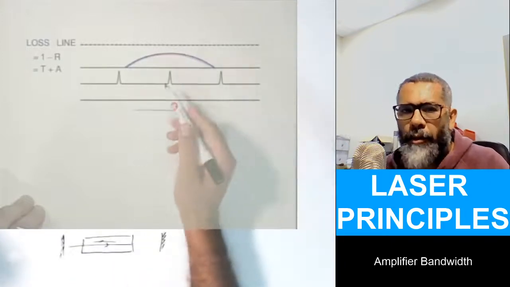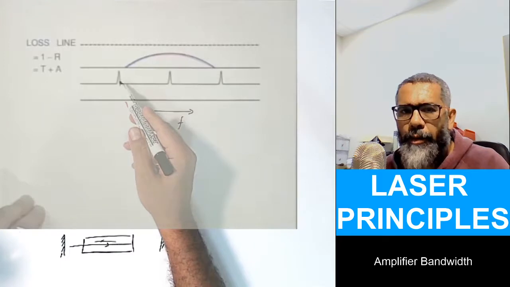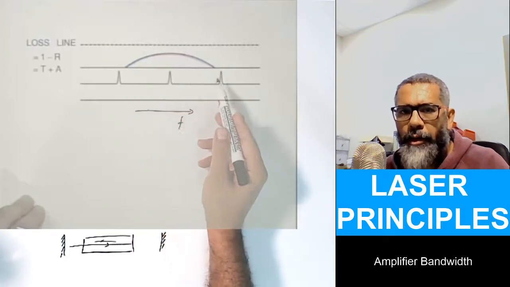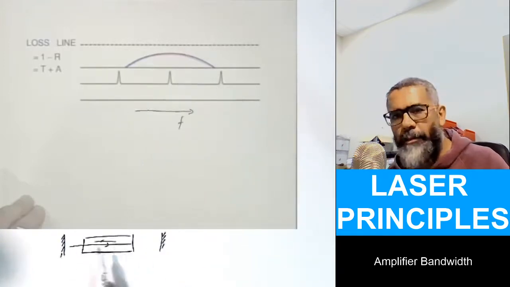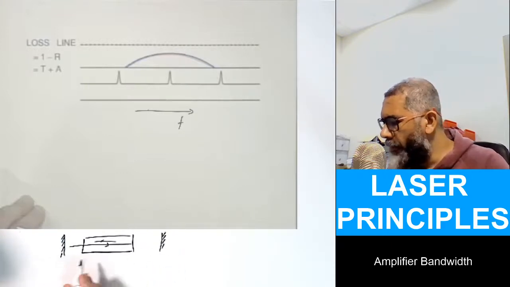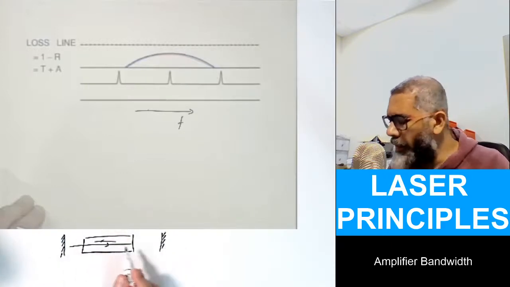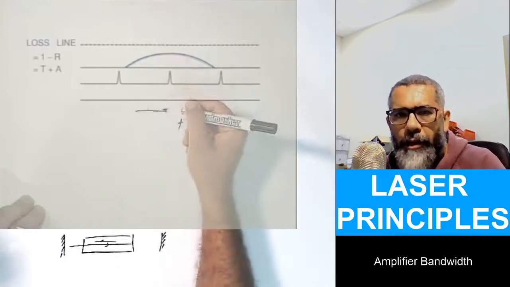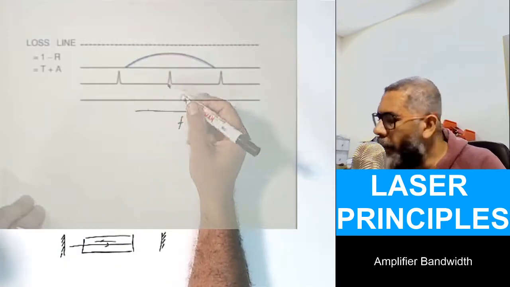That means only the frequencies with this and this and this values will get amplified inside, between the two mirrors, and the other frequencies will not get amplified.